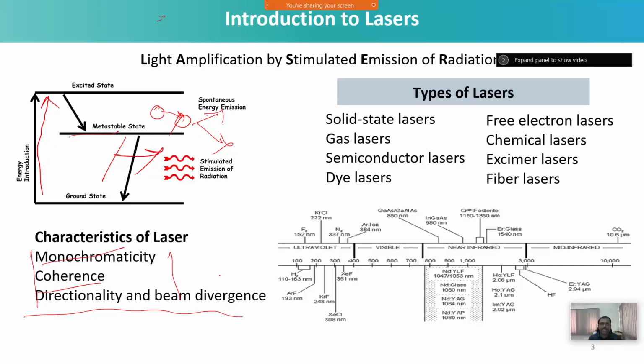And most of the time, when you talk about focusability, when you focus the light to a very small spot, then you can get the maximum energy density possible. So for this reason, coherency and monochromacity are very much essential when you want to use high energy density processing in order to heat a diamond, melt a diamond or even vaporize the diamond.